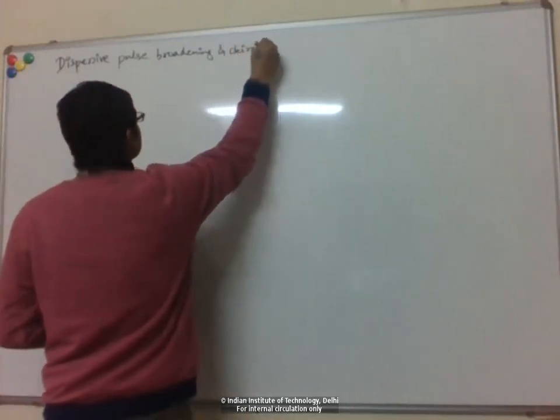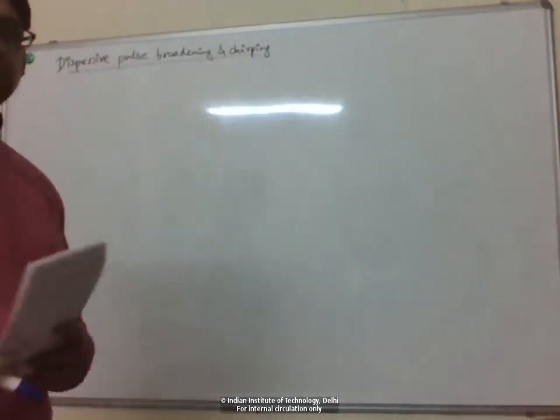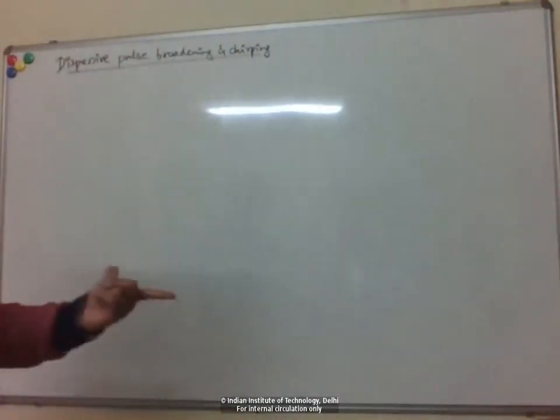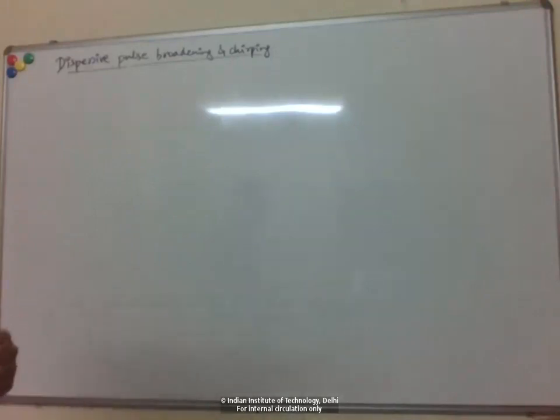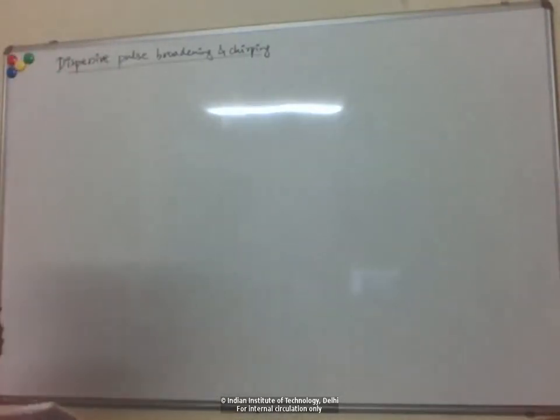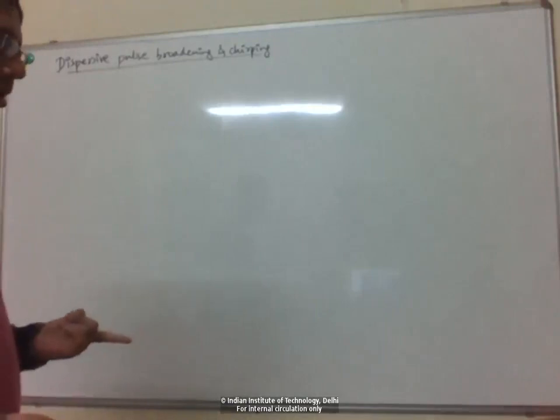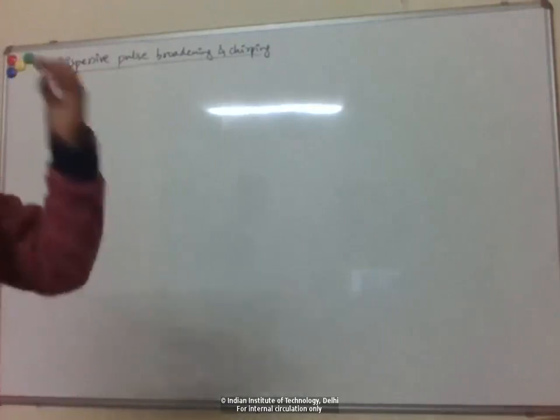And we also discussed this phenomenon of chirping, which is basically the instantaneous frequency within the pulse being time dependent, right? And that is also something that arises out of dispersion, right? And the most general optical pulse can be described as a chirped pulse, right?